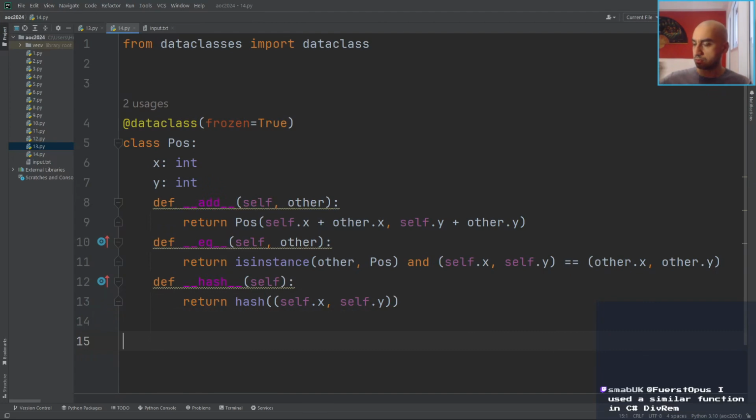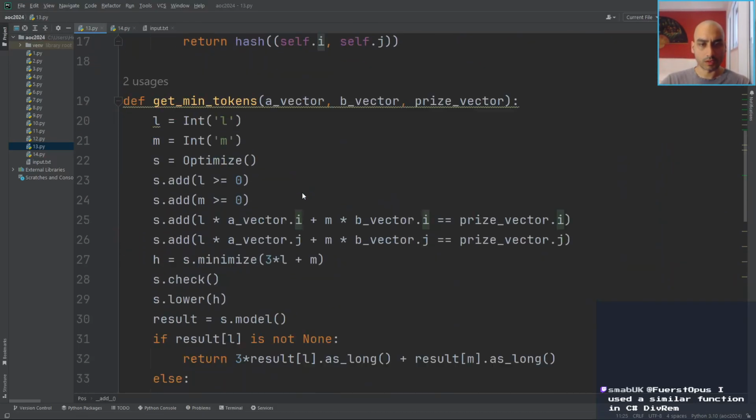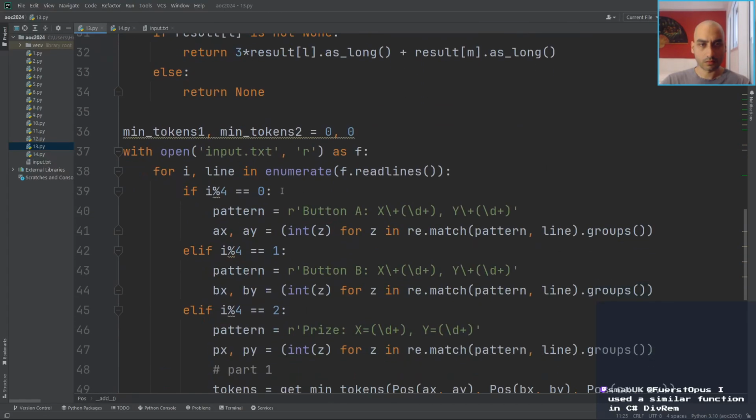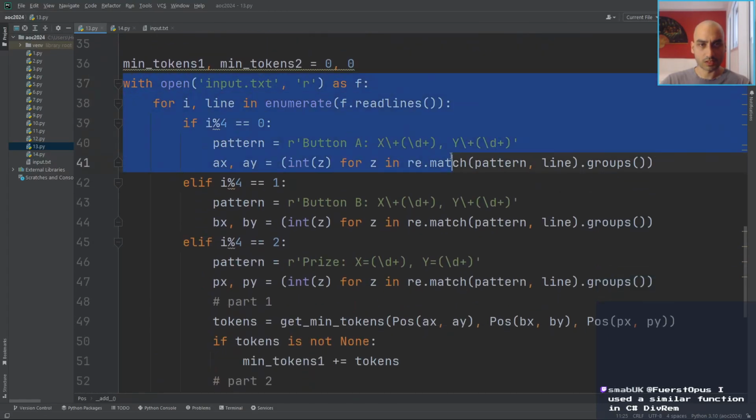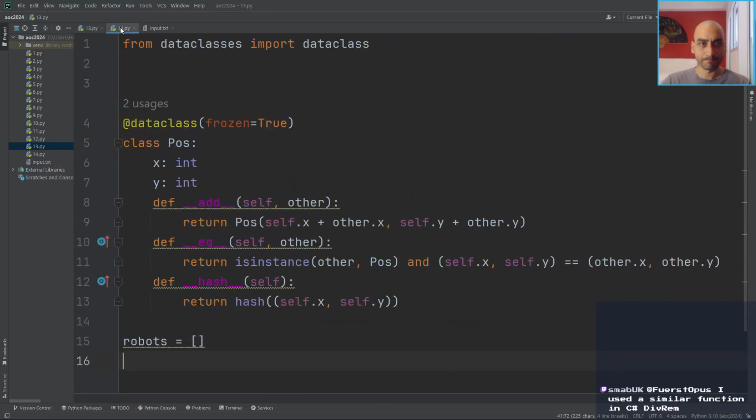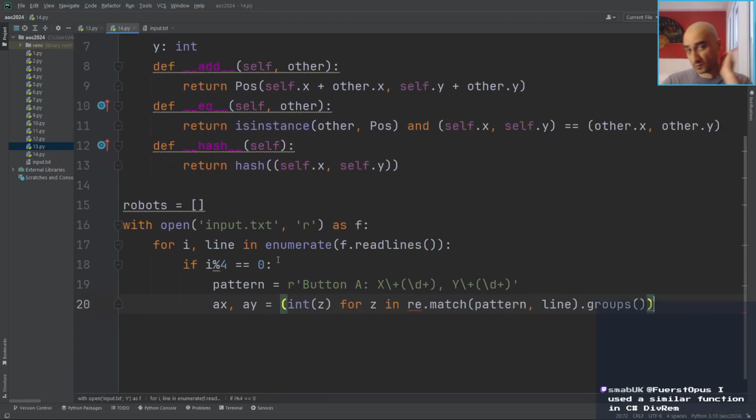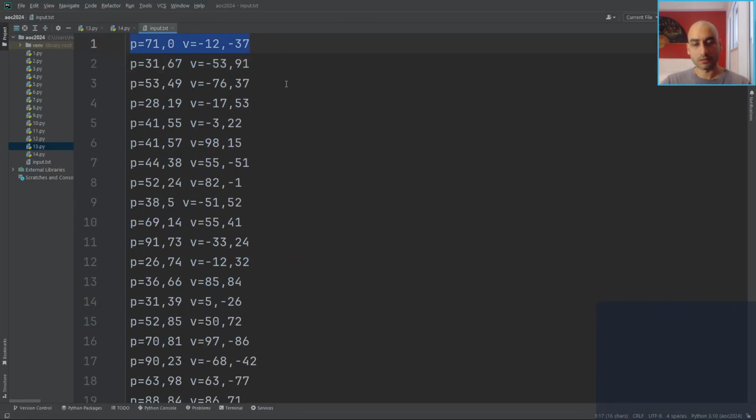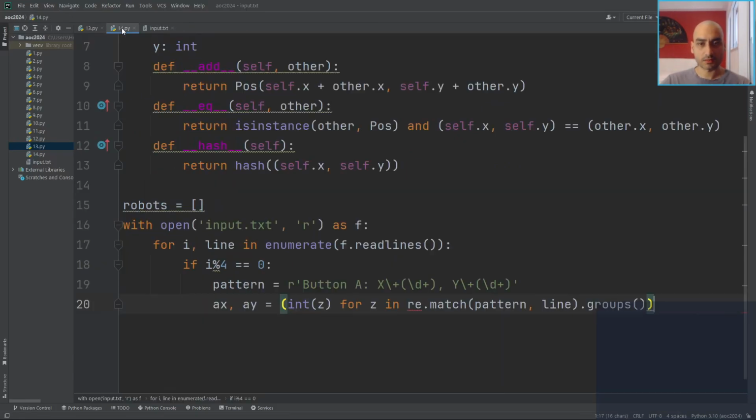We'll just plug these robots into a list called robots. Then do this roughly. So the pattern is going to be essentially this.